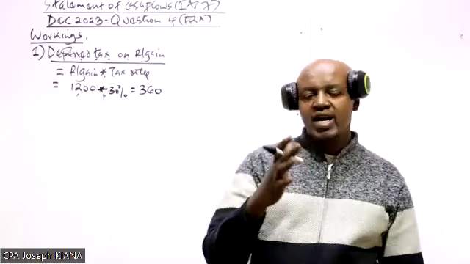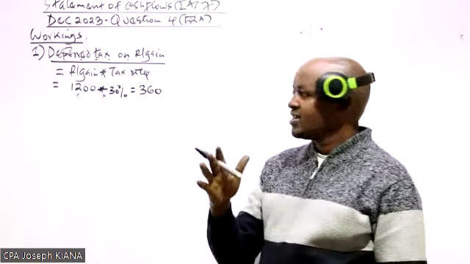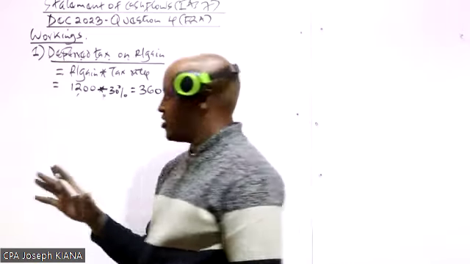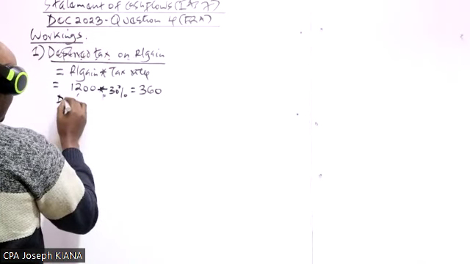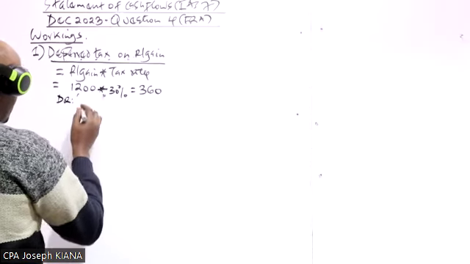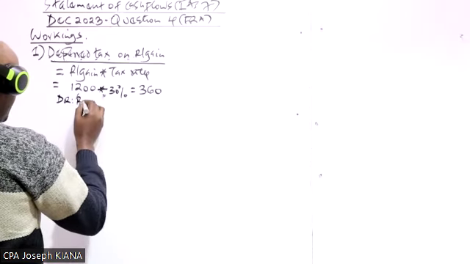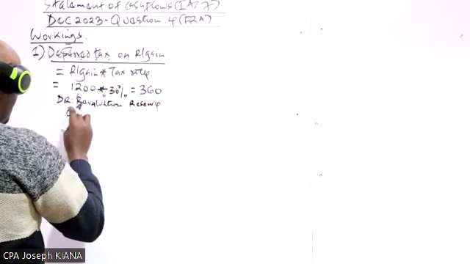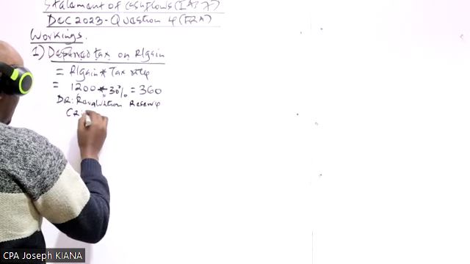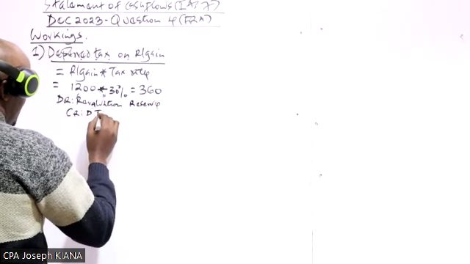Now, how do we account for this deferred tax on revaluation gain? So in terms of how we account for this amount here, that is the deferred tax on revaluation gain, this one we debit in the account called the revaluation reserve account, and then we credit the deferred tax account.